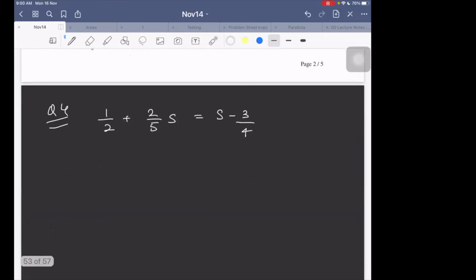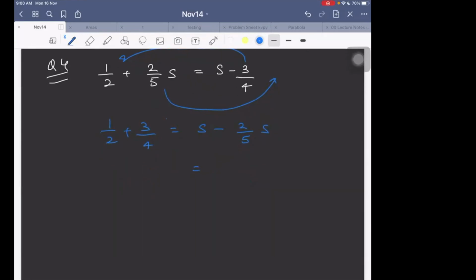So bring 3 by 4 to the other side, and 2 by 5 s to this side. So we have half plus 3 by 4 is equal to s minus 2 by 5 times s. So this is 1 minus 2 by 5 times s.